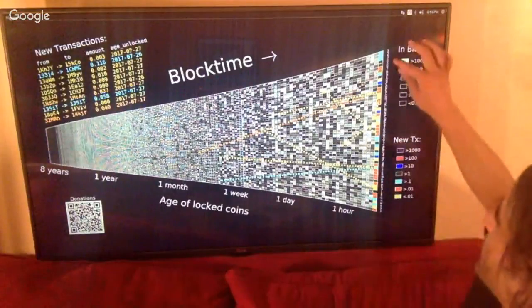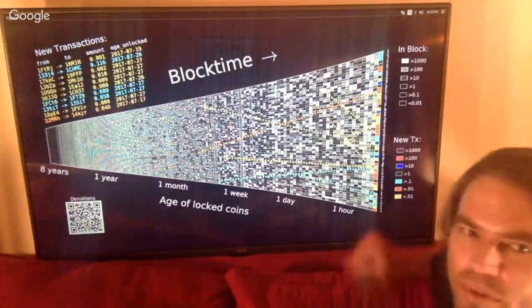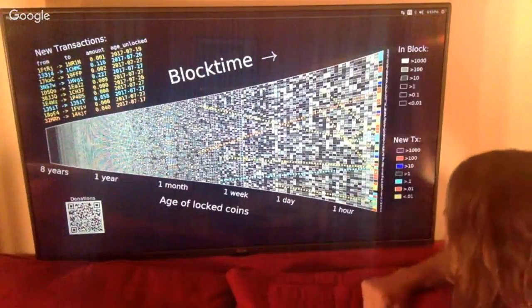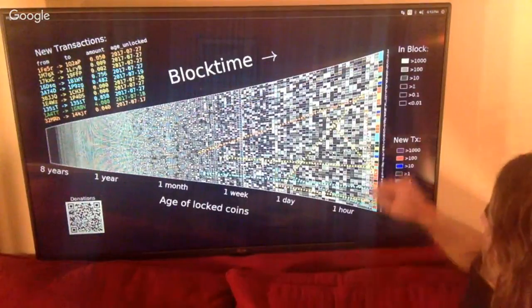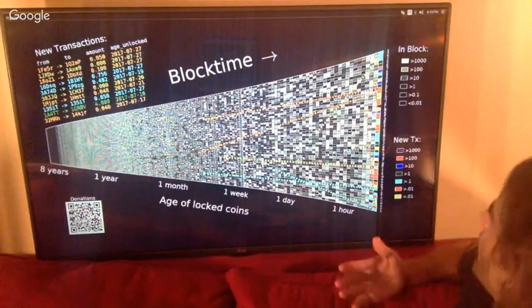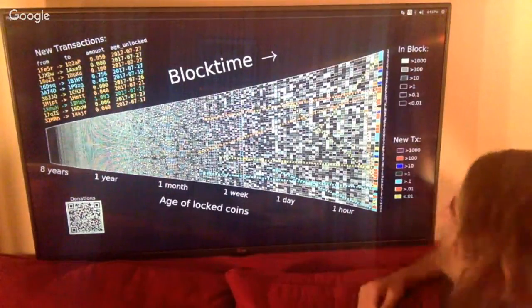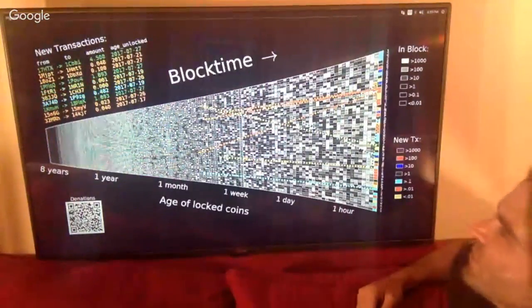These colored blocks here are new transactions that have happened since the last block. The colors don't come out that great, but we have some greater than 10 Bitcoin transactions. But we just had a block a little while ago, so maybe I've missed a purple one while I was looking at the screen.